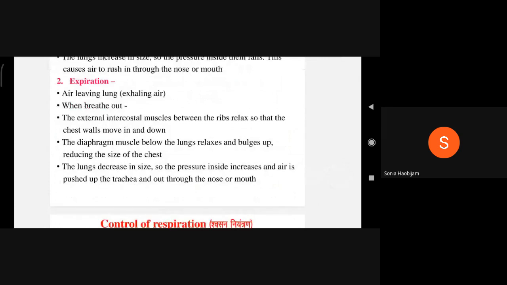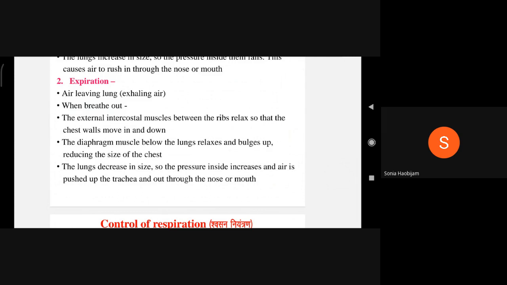When breathing out, the external intercostal muscles between the ribs relax so that the chest walls move in and down. Okay, so when we are breathing out, the external intercostal muscles are relaxing, so the chest wall is moving down.